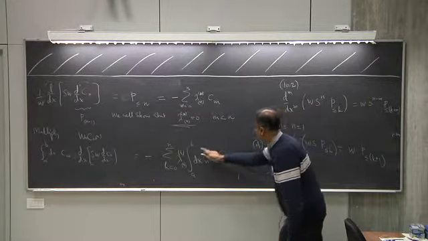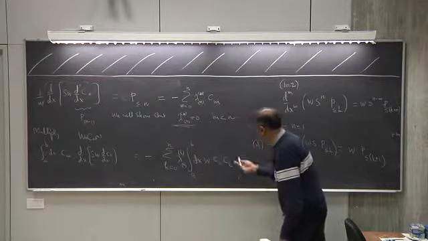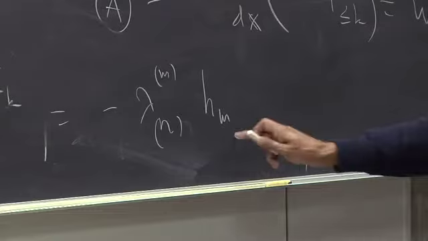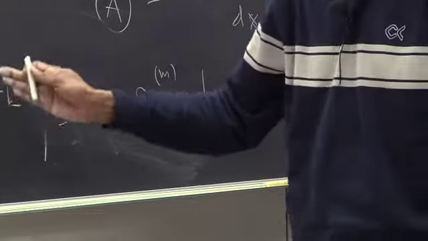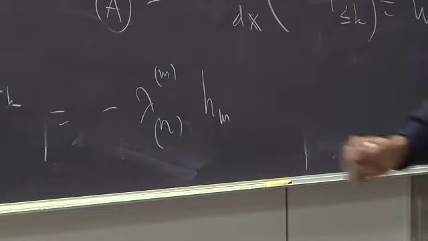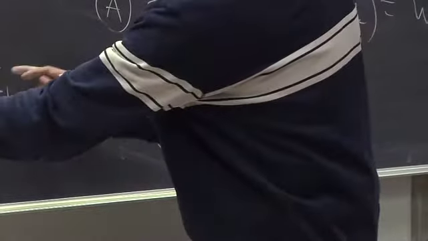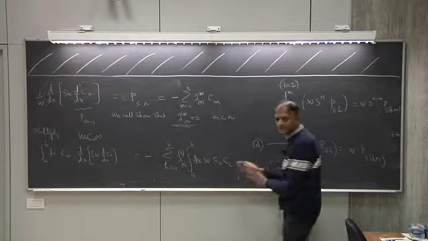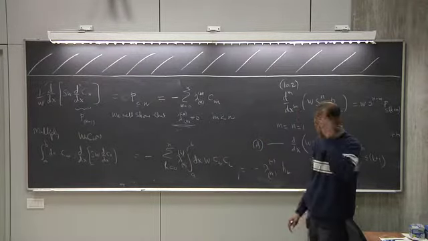When m equal to k, it will be some non-zero number, which I call hm. hm is by definition the norm square of the Cm. So hm is simply the integral dx w Cm squared.